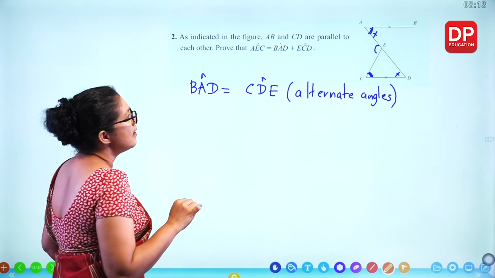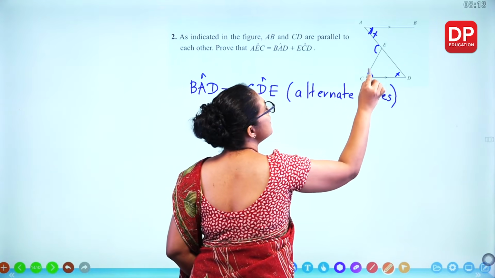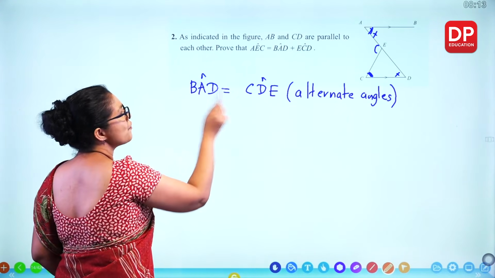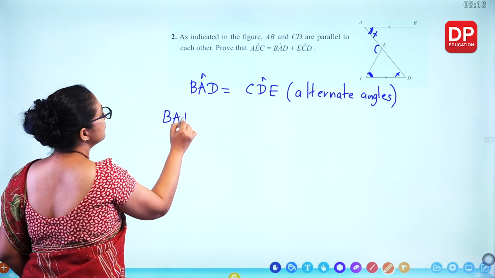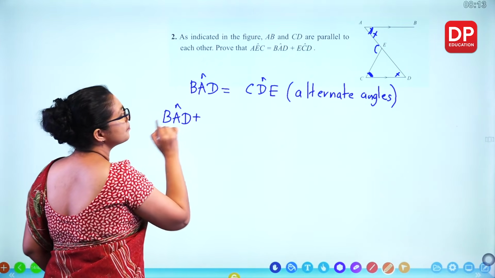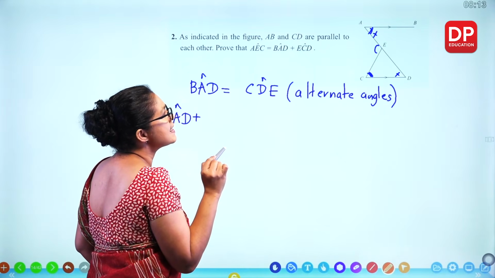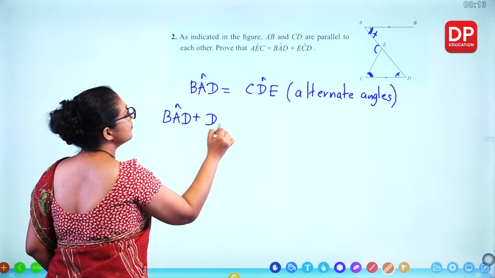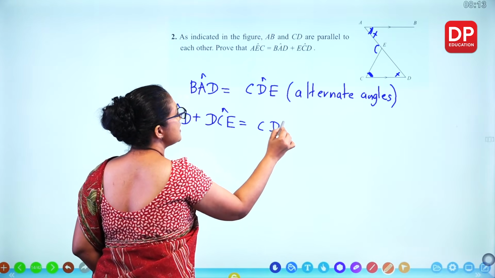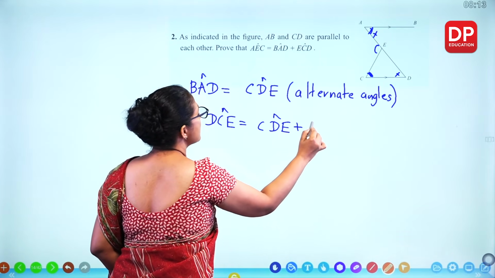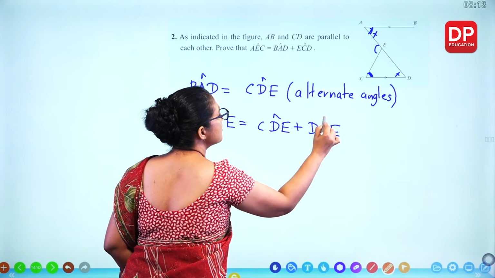And when you add this angle to both of these, what happens? I'm adding this angle, DCE angle. What happens? CDE plus DCE.